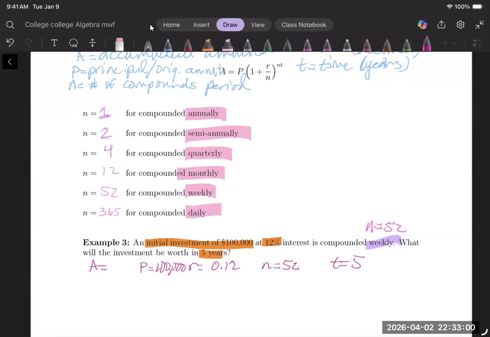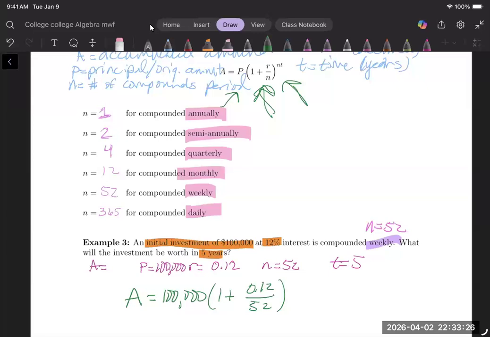Now, I'm just going to appropriately slap all these numbers into the equation above. Plug and chug. Do not overthink it, which is easier said than done. Really and truly, just plug the numbers in where the formula tells you to place them. So A equals 100,000 times 1 plus 0.12 over 52, all to the 52 times 5.